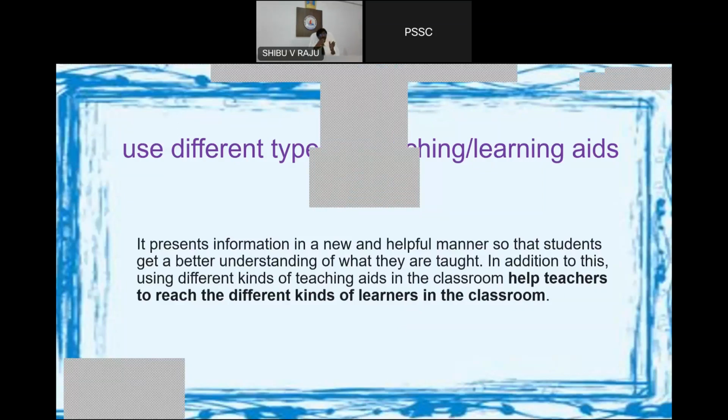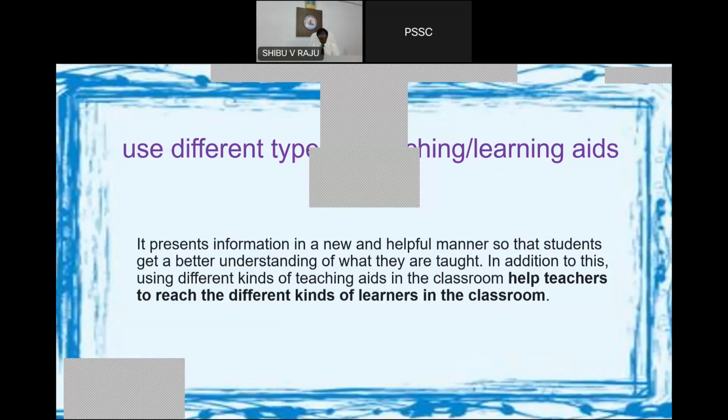Like in every class, 3 categories of students are found. We find above average, average, below average. So here a student is not understanding our explanation. Maybe flashcards, maybe newspaper cutting, maybe collage, maybe chart paper presentation, maybe a visual video we are showing, maybe a smart board.